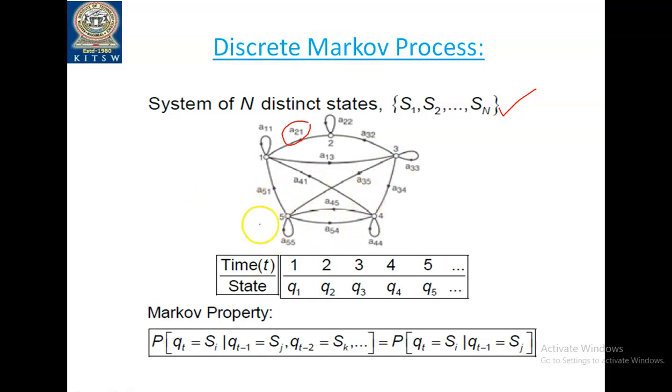You can easily understand what is happening here. The time instances are 1, 2, 3, 4, 5, and the states are represented by q1, 2, 3, 4 and 5. So what is the Markov property? We need to consider only the current state probability, which depends upon the previous state.